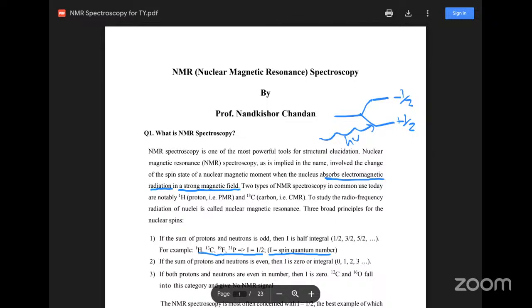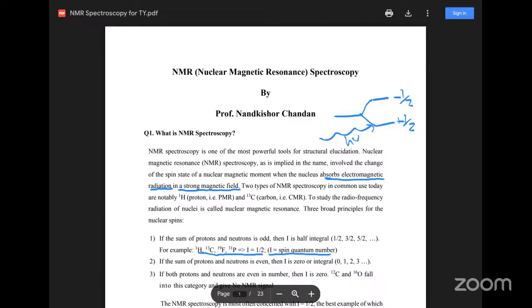So, the nuclei having half integral spin, when spinning on their own axis and placed in a strong magnet, arrange themselves with and against the magnetic field. When radio frequency is irradiated, some of the light is absorbed by the nuclei, and each set of nuclei gives different information.